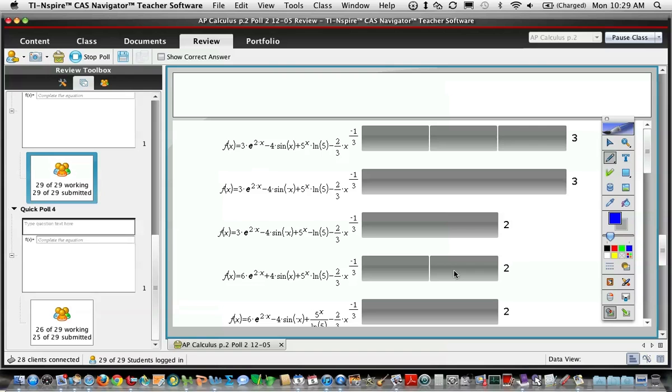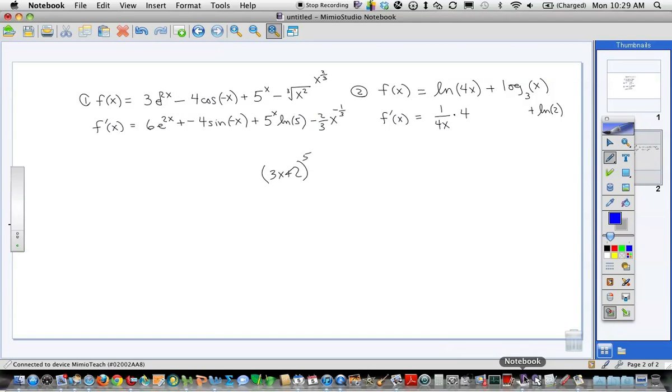If you had 3x plus 2 to the 5th, then the derivative would be 5 parentheses 3x plus 2 to the 4th, and Harry, we'd have to kick out what? We'd kick out a 3, because the 3 multiplied on the inside compresses the graph and changes those slopes by a factor of 3.